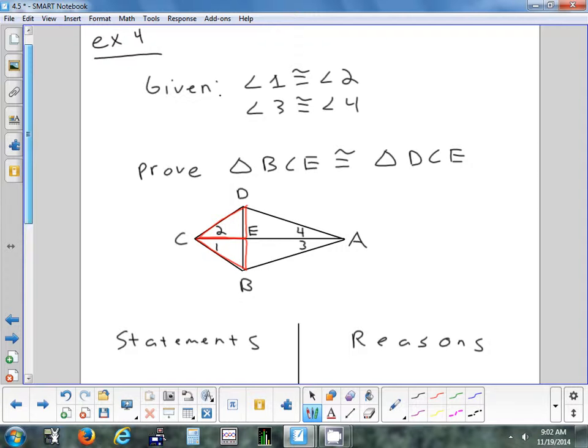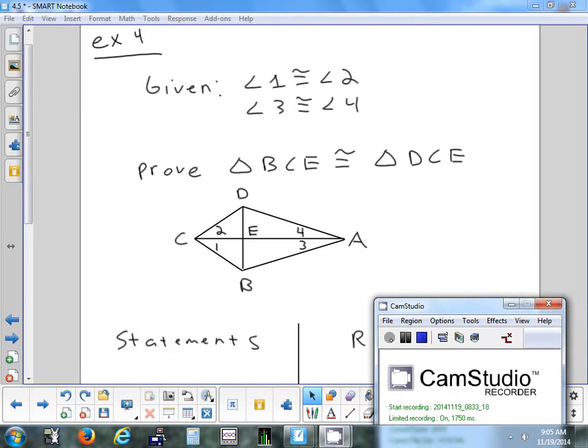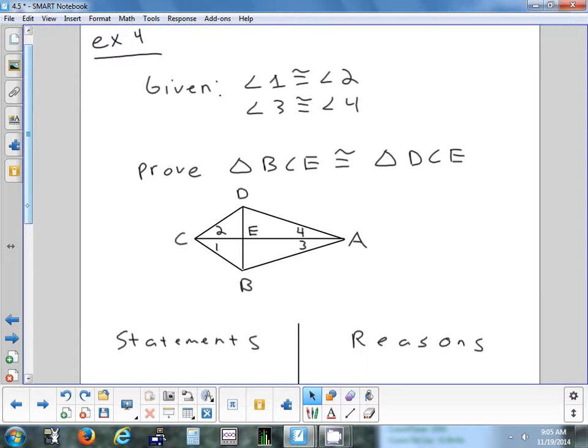Okay, so take a second. Look at that. This one might be a little tricky. See if you can figure it out, and then we'll go over it together. Right, so since they're giving me some information, angles 3 and 4, that has nothing to do with the two triangles I want to prove congruent, I probably need to use that information somehow.